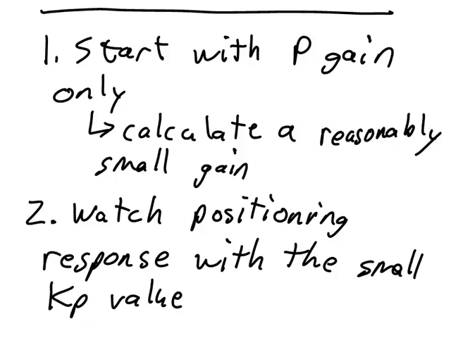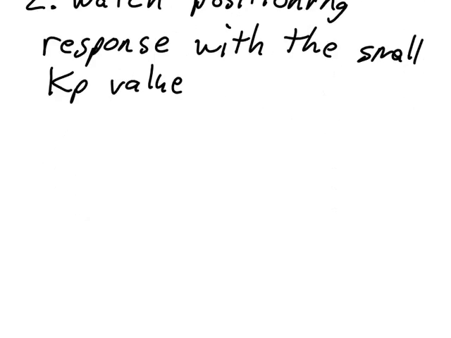Let's take a look at what that positioning response might look like. It's a little bit difficult to make the connection between what the time response looks like and what the actual physical behavior of the system looks like as you watch it. But you will become better at this as you practice it, and we'll practice doing this several times in lab.